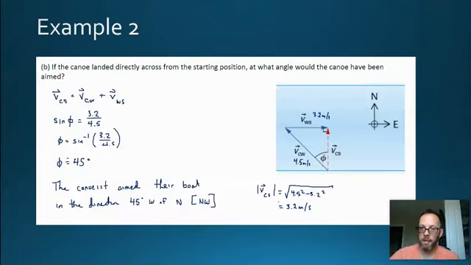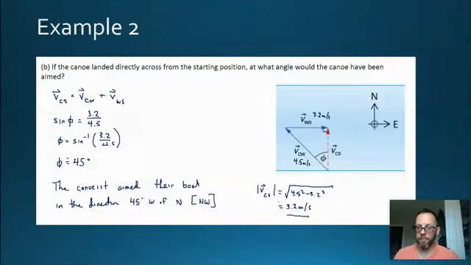So in this scenario, if the canoe aims itself kind of northwest, the current will blow it so that its path is pure north, and the canoe is actually slowed down a little bit, which makes sense too, right? If the canoe is paddling upstream, the current is kind of opposing its motion. So it made sense we got a smaller value.